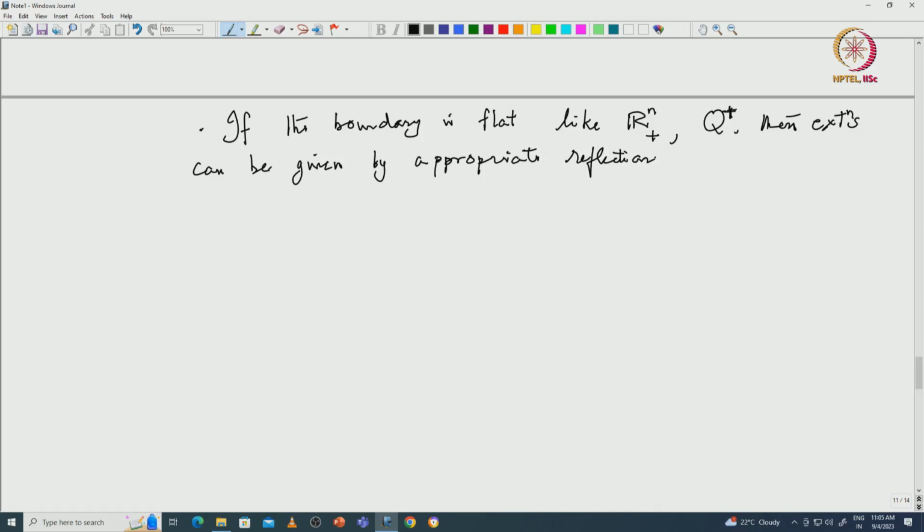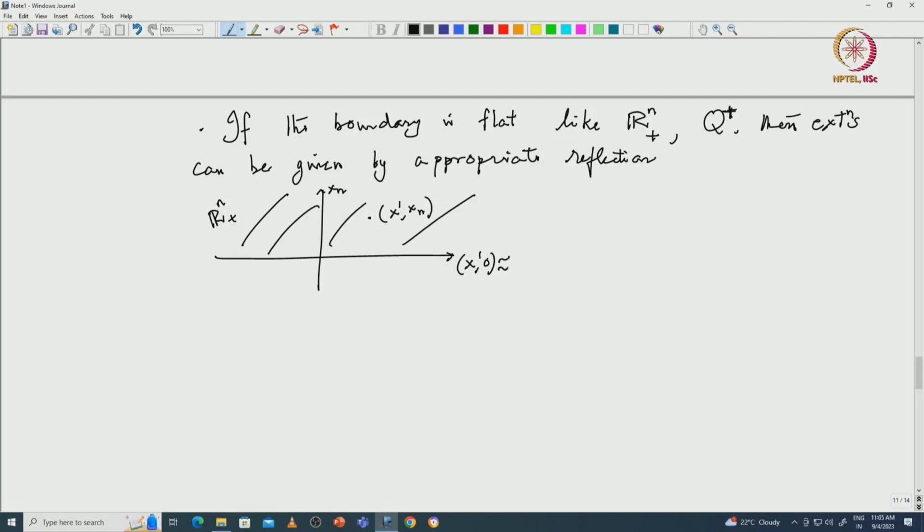What does that basically mean? So you have your R^n plus here, and any point here is your (x prime, xn), and this is your x prime, 0, identified with R^(n-1). So you can reflect the point here, and you get your (x prime, minus xn).